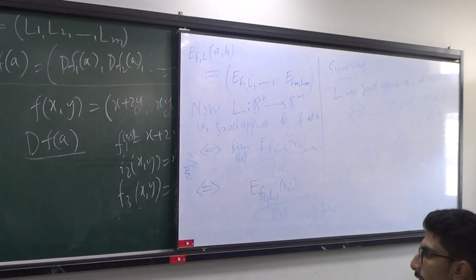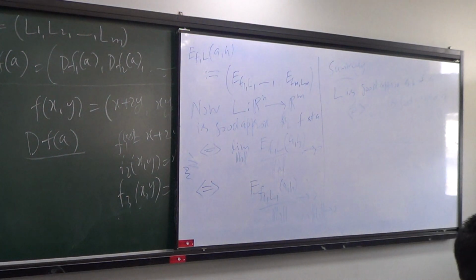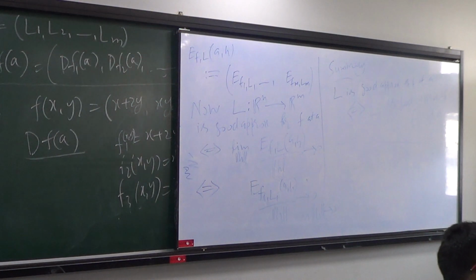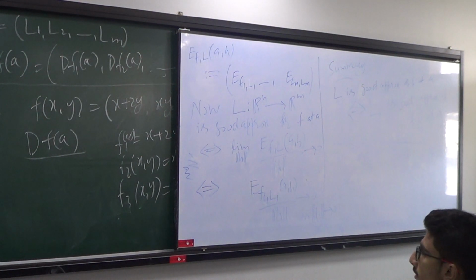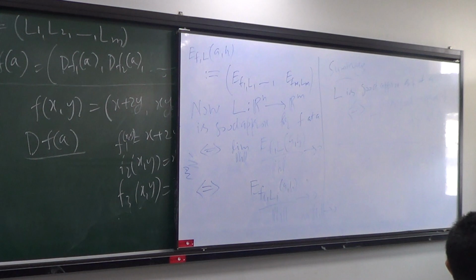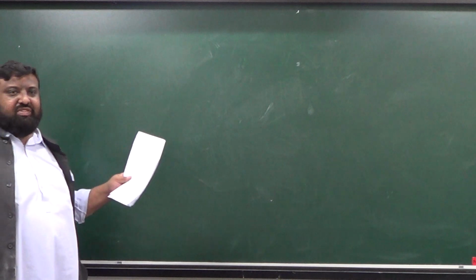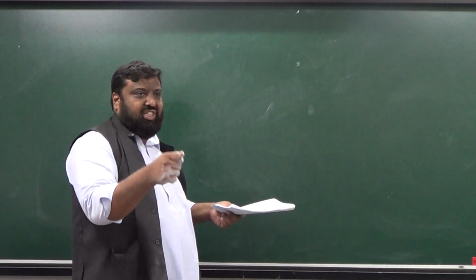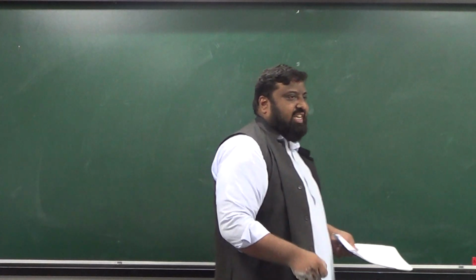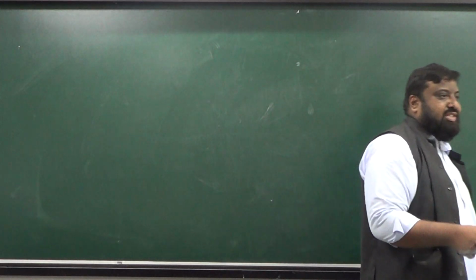So let's prove some of those properties. The rest of the chapter is just in praise of this creature that we have created, this species, the Fréchet derivative, that what miracles this guy can do.